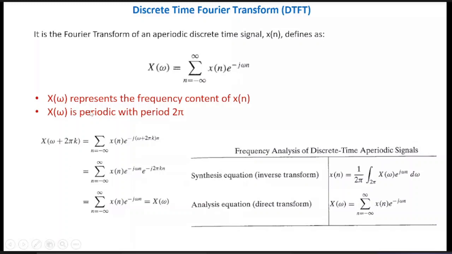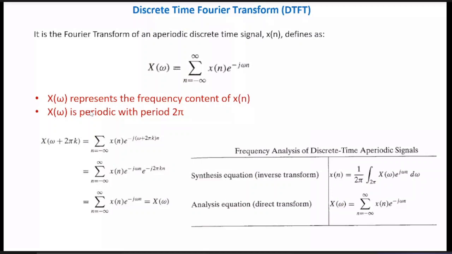You can see that xn is your time domain signal. It is the Fourier transform of an aperiodic discrete time signal. That is the important thing. The previous one was for periodic signals.